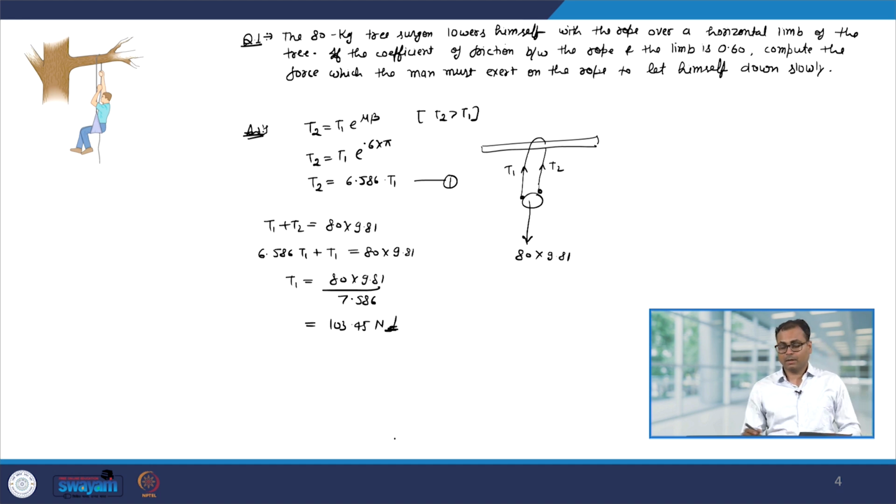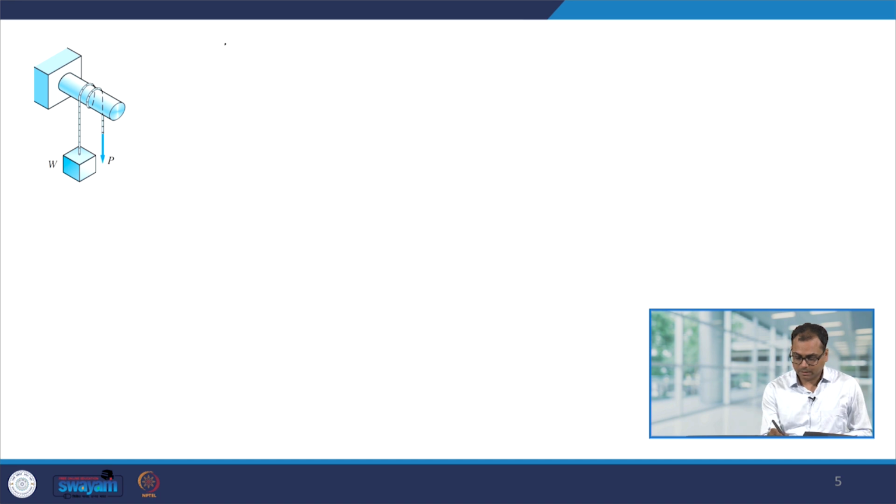Now let us look at another problem on the same concept, and the problem statement is the following.